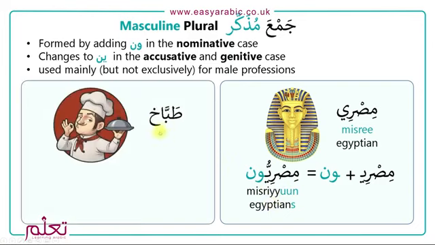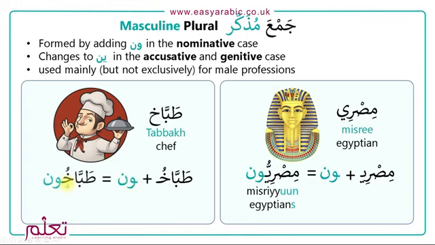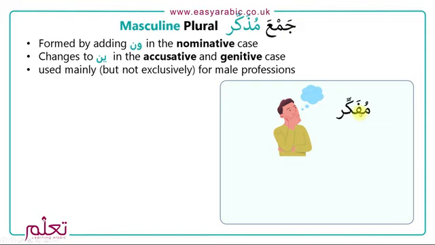Next one we have Tabakh, which is a chef. So Tabakh plus the waw noon is tabakhun, which is chefs. Next one we have mufakkir, which is a thinker.